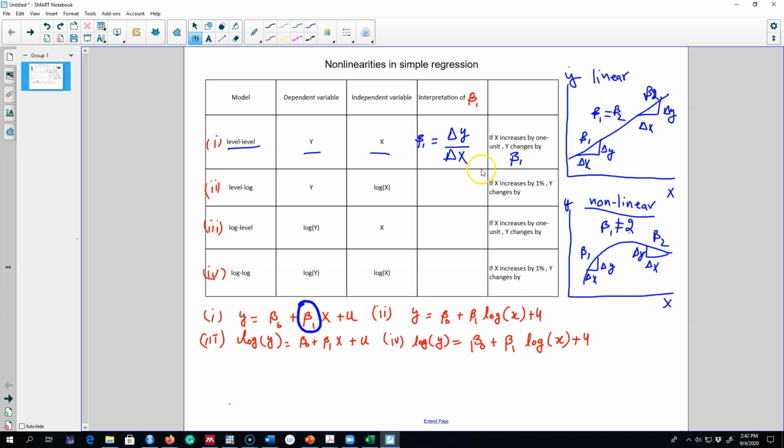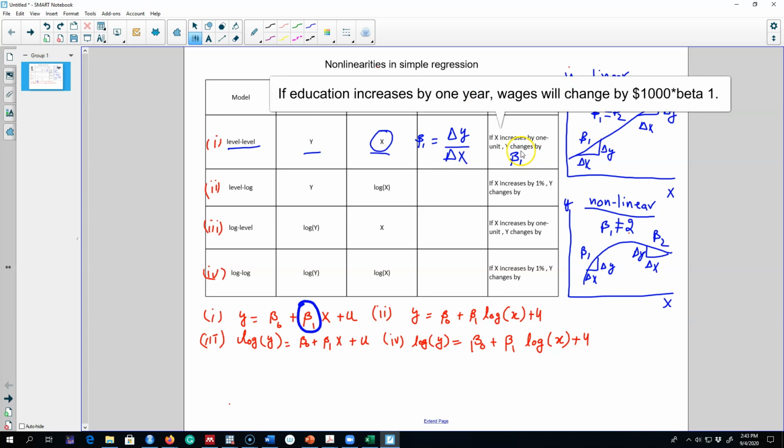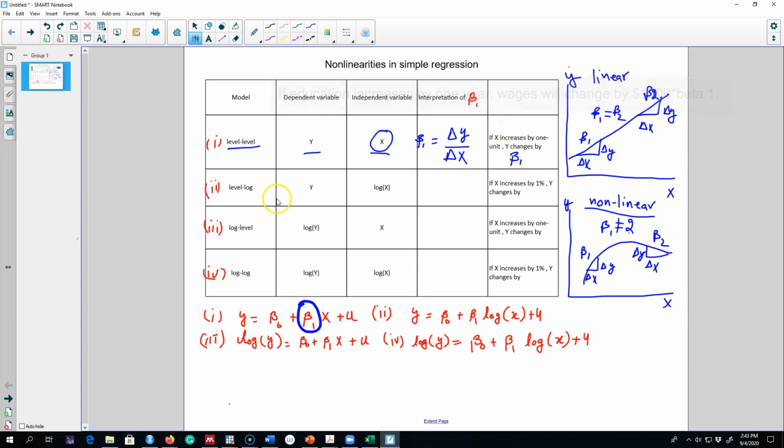If you are dealing with this type of model, you have to be very careful about the unit of measurement that you are using here. For example, in the wage and education example, if you are using the level model, the interpretation would be: if education increases by 1 year, remember x was measured in years, y, that is the wages, will change by whatever beta coefficient you will get.